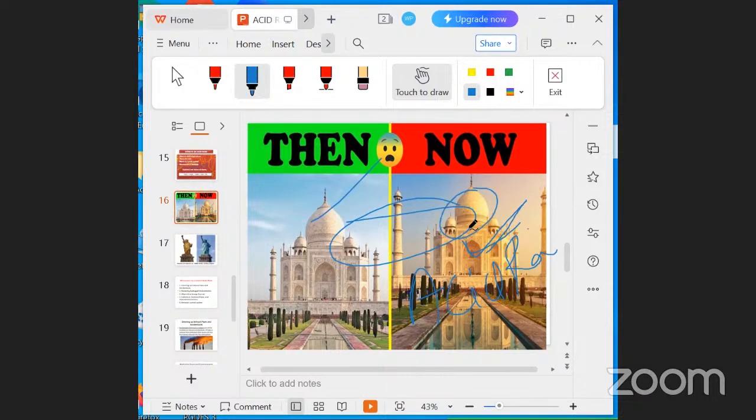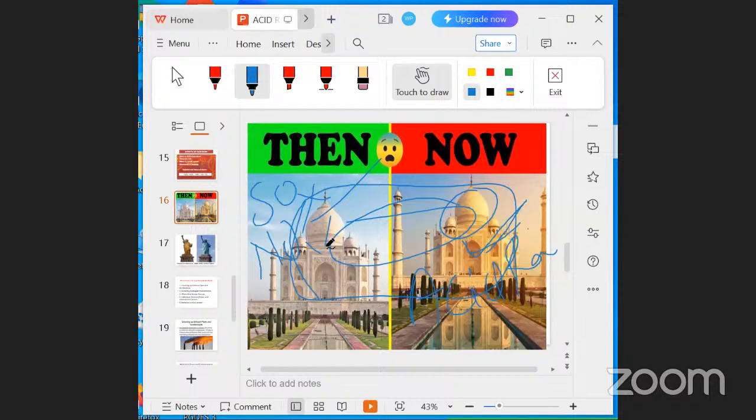So the city of Agra, what is the reason? What is the reason behind this yellow color? So where is Taj Mahal first of all? Taj Mahal is in Agra city, right? So the city of Agra has many industries there, right? Many industries, which emit the oxides of sulfur and nitrogen oxides into the atmosphere.